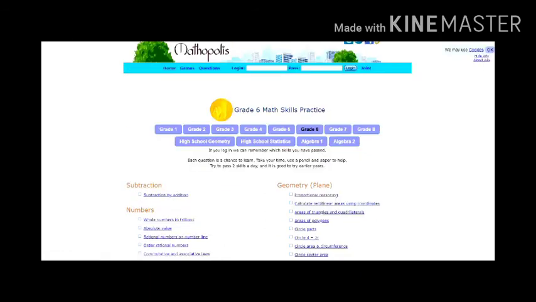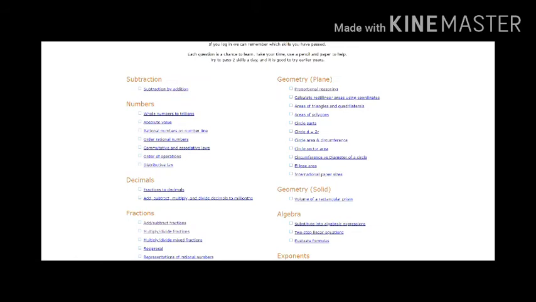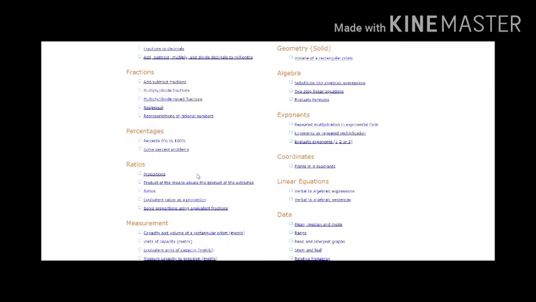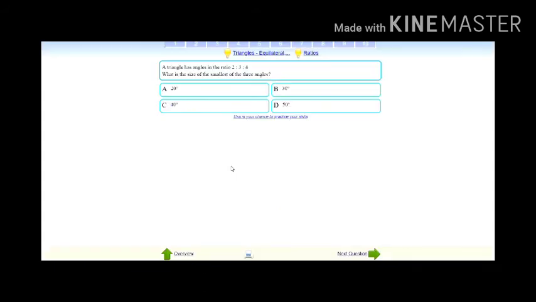I was looking there. Yeah, this one. So can you see this ratio? The triangle has angles in the ratio 2:3:4. So what will be the ratio of the smallest angle?